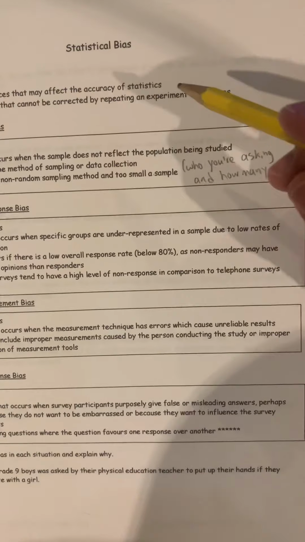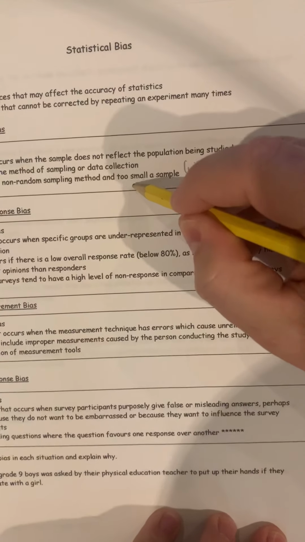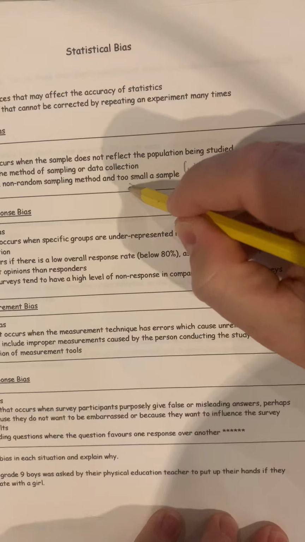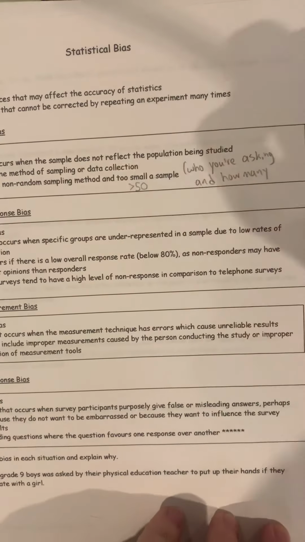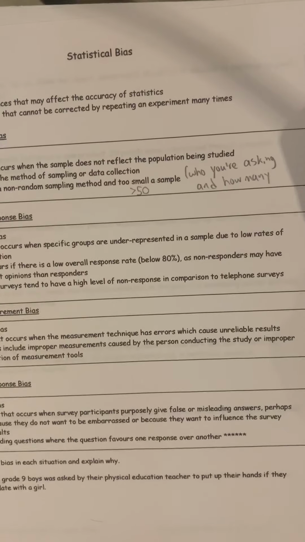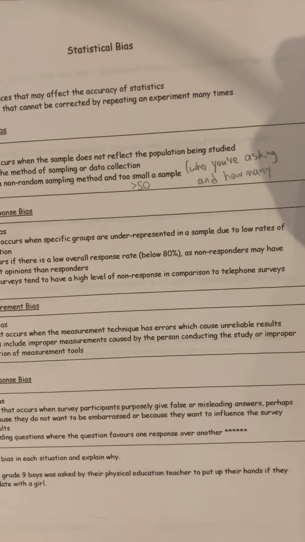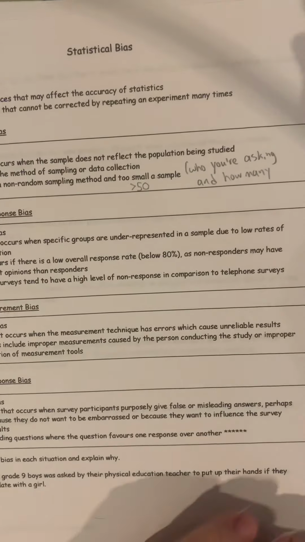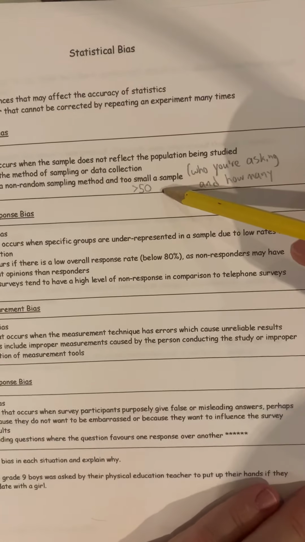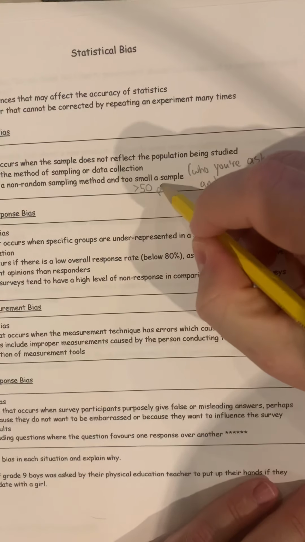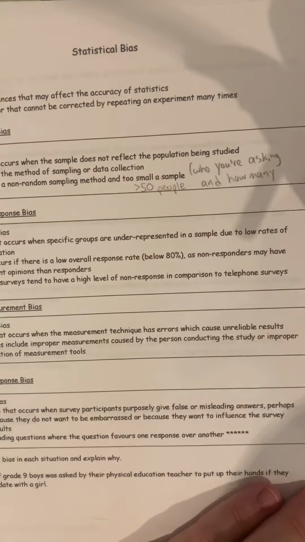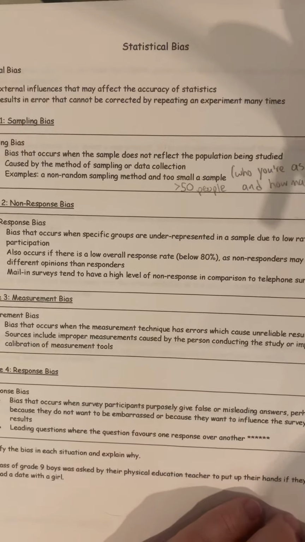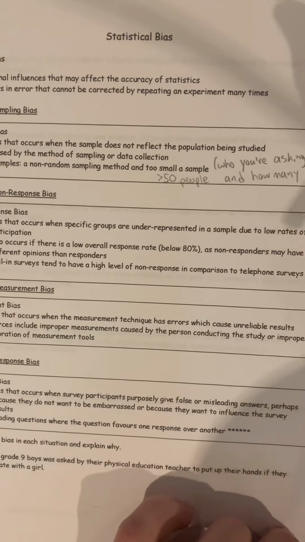For our purposes, we want a sample that is larger than 50. I think in university they said you would need a couple hundred, but for our purposes, we'll just say we need greater than 50 people. If you have only 10 people or 5 or 20, that's not a good sample size.